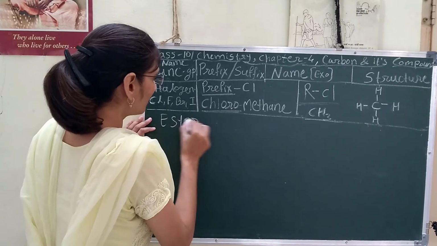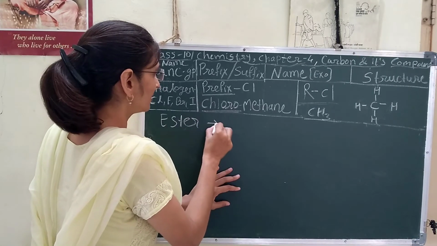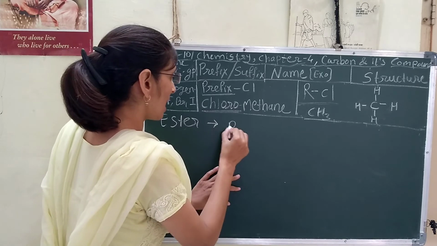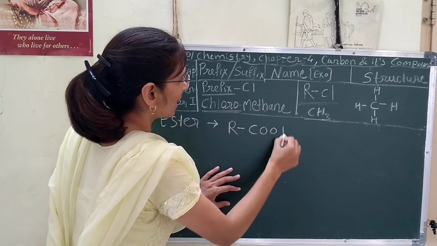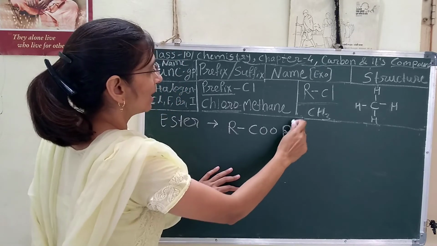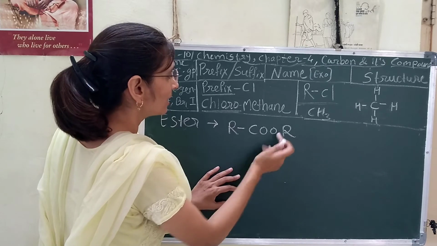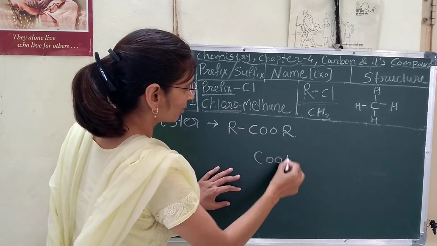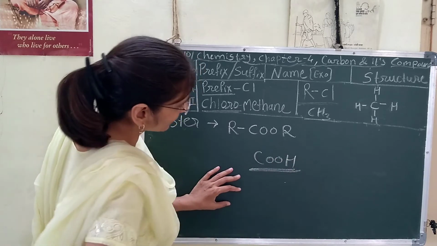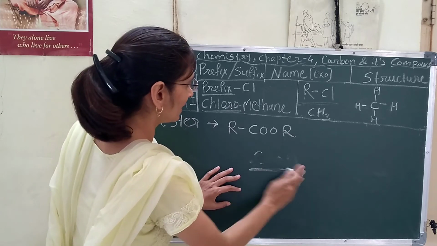So what is the formula of ester here? Not a single H. Here must be R. R, C, O, O, R, like ketone. And if the R is the same, then only R, C, O, O, R. Instead of H from the acidic group, in the acidic group we have to write that as this is the acidic group, so instead of that H, it is replaced by R here in ester.